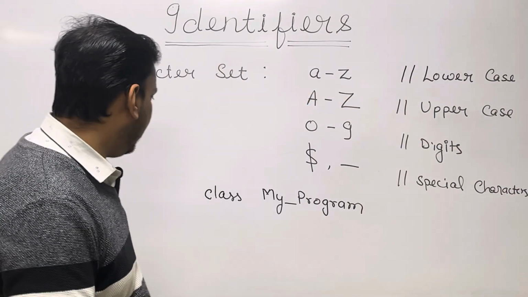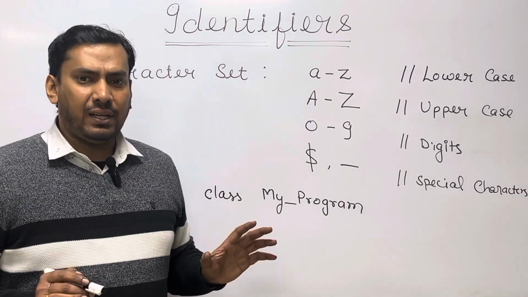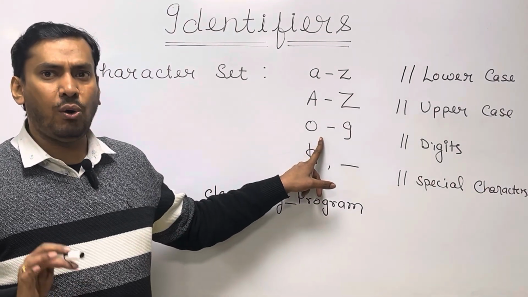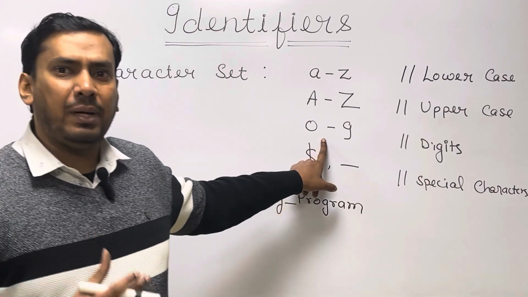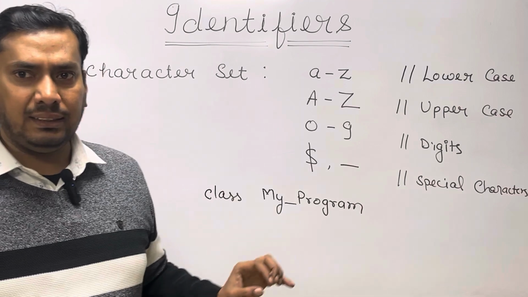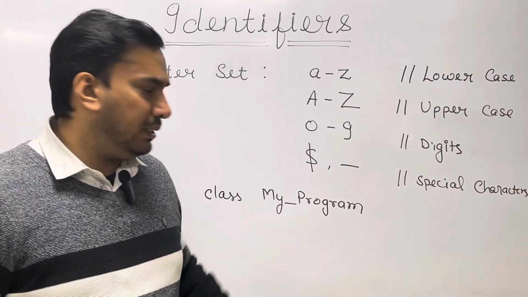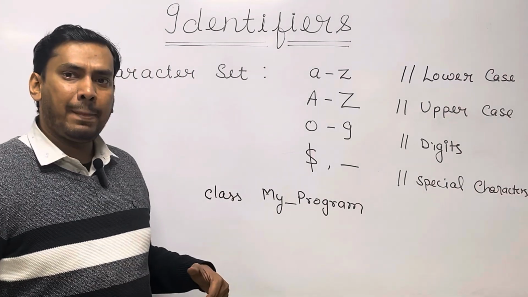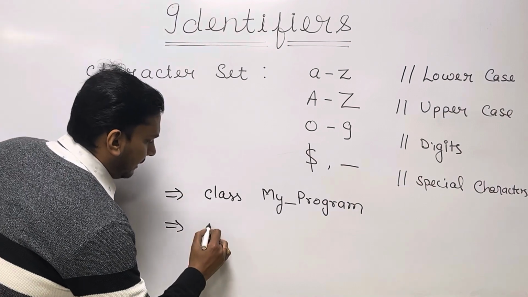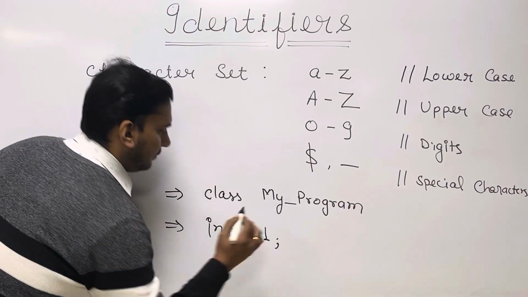So, what are those restrictions? There is only one important restriction: any identifier must not start with a digit. This is the only restriction where the compiler will give you a compilation error. In other cases, there are not such restrictions, but there are certain consequences, which we will discuss. It means I can create an identifier like this. Let us say I have to create an int variable, so I can create int a1.